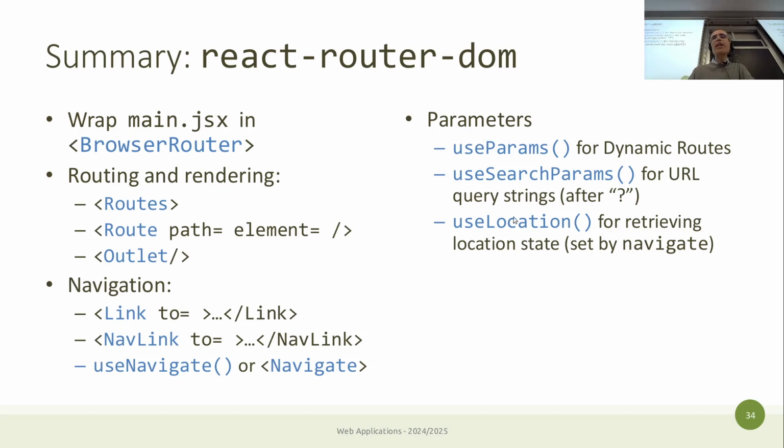And in case you need to handle information coming from the URL, you can use useParams for getting the dynamic part of the URL, or useSearchParams, the stuff after the question mark, or useLocation for the navigation state. Okay? You typically don't use useLocation to know on which URL you are, because everything should be already done by the router library, by the route definition.